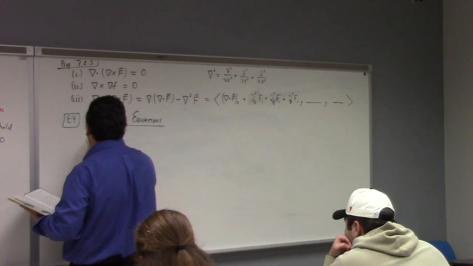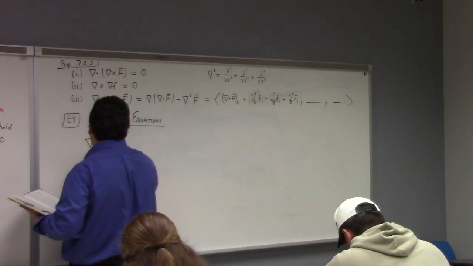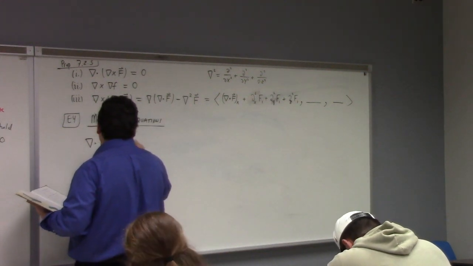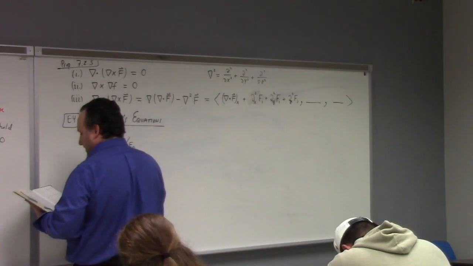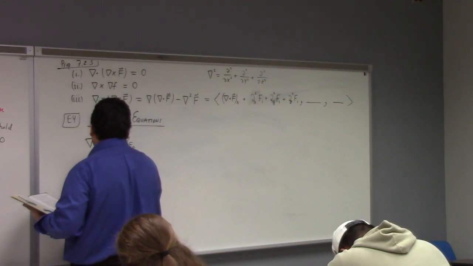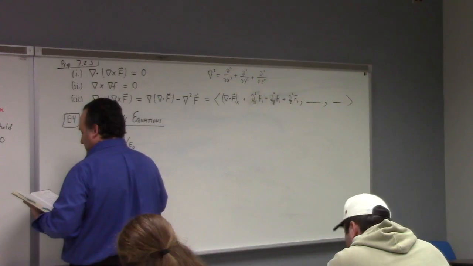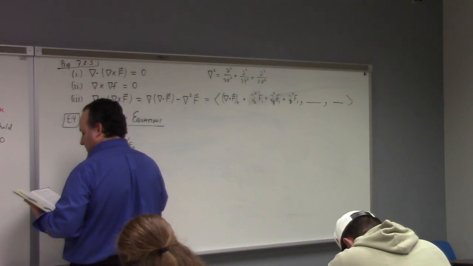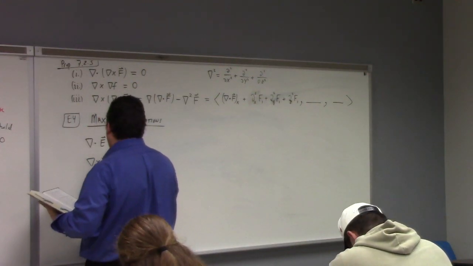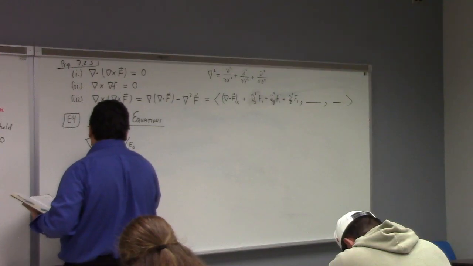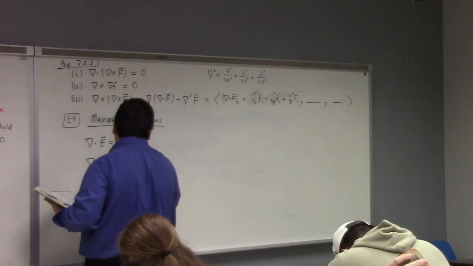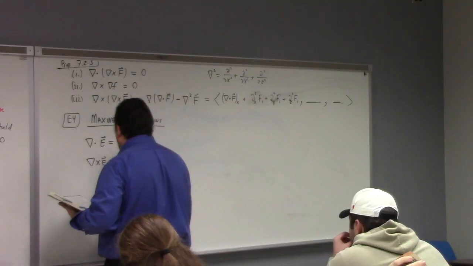The divergence of the electric field is equal to rho over epsilon naught. The curl of the electric field is equal to minus the time rate of change of the magnetic field.